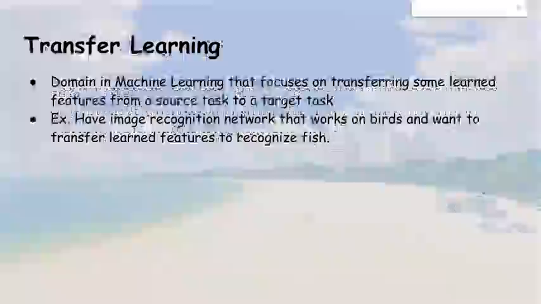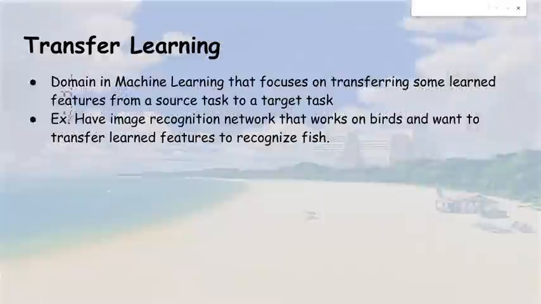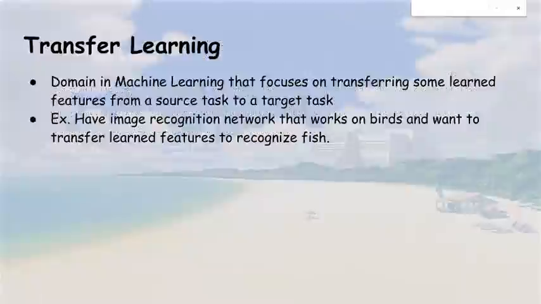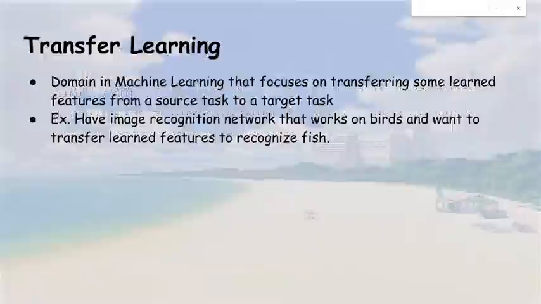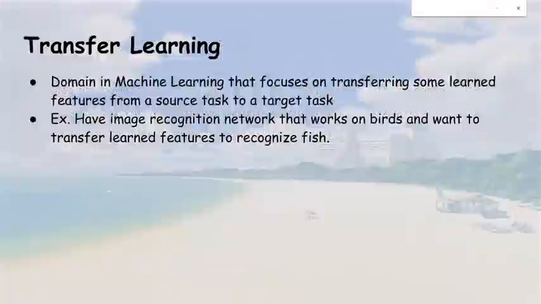So for example, if you have an image recognition network and you've trained it to do classification on several different species of birds, and you have some belief that maybe there are features that this network has learned that will also be useful for the recognition of different species of fish, you could use one of several different transfer learning methods to preserve those learned features that will work in this new target domain.